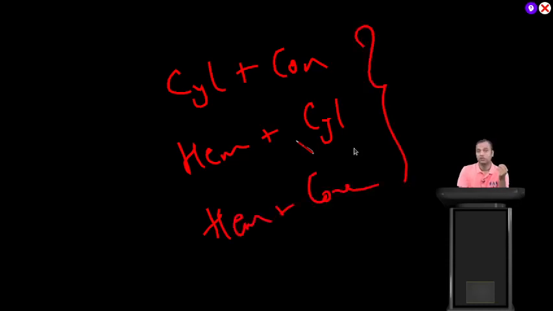We already found their surface areas and volumes also. We know how to find the surface area and the volume of these combinations. So today we will learn some more complex combinations of these solids. Okay class, so let's start the class.